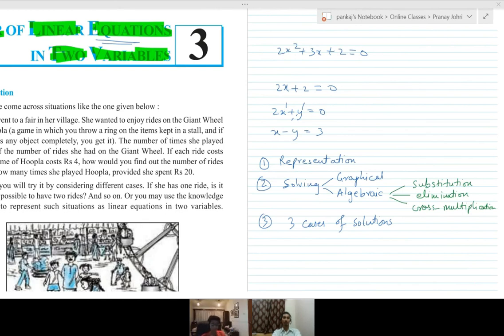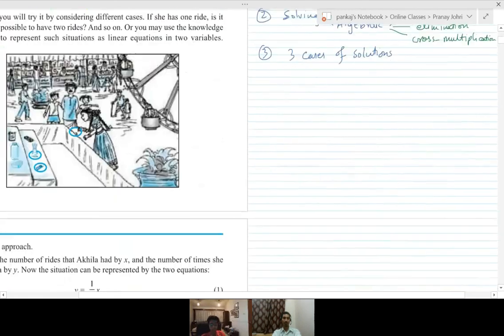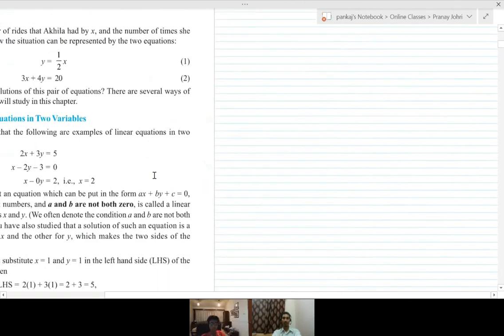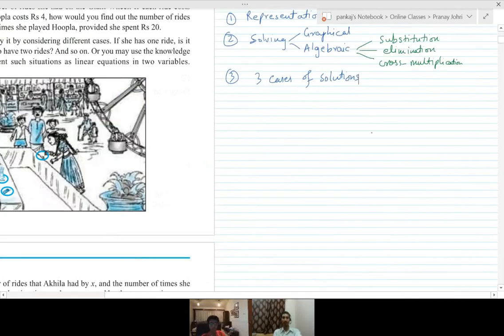So now first we'll be studying how do we represent this. For representation, I will take a simple example.